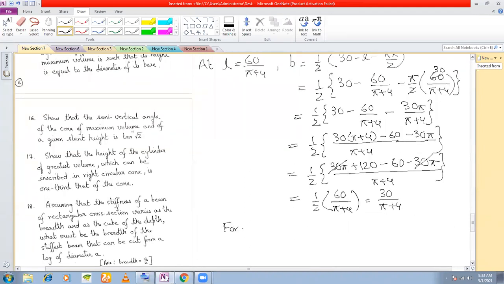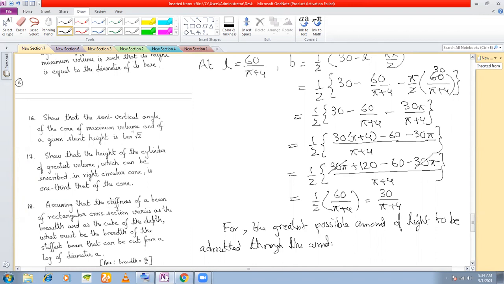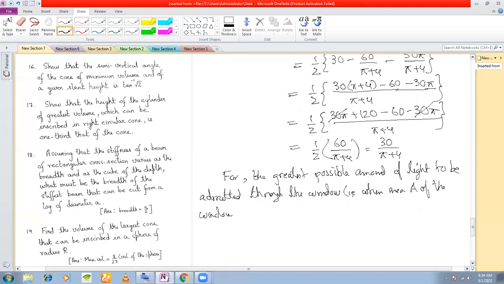So for the greatest possible amount of light to be admitted through the window, that is when area A of the window is maximum, length L is equal to 60 by pi plus 4 found above.